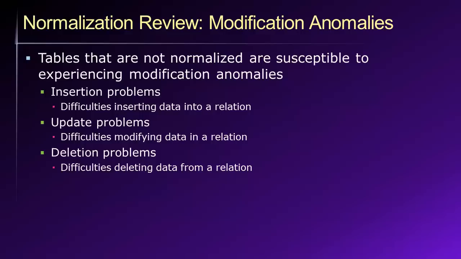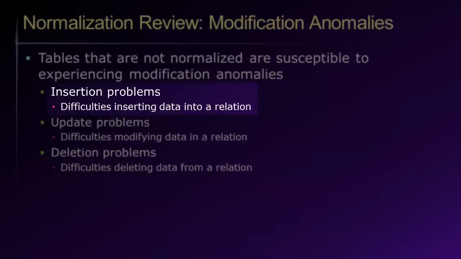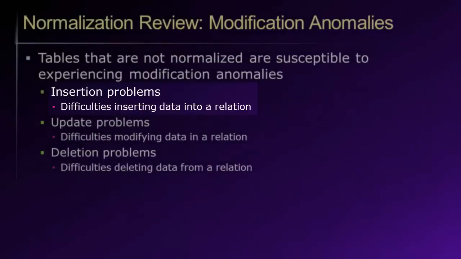If you recall from an earlier lecture, we said that data tables which are not properly normalized may be susceptible to problems which we called modification anomalies. And there are three different types of these anomalies. First are insertion problems, in which a problem arises when we attempt to add new data into a table.